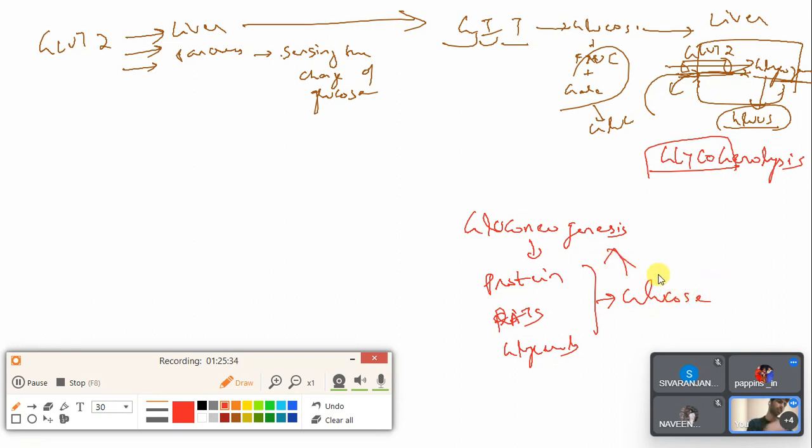So what are the sites of gluconeogenesis? Where in the body does gluconeogenesis occur?